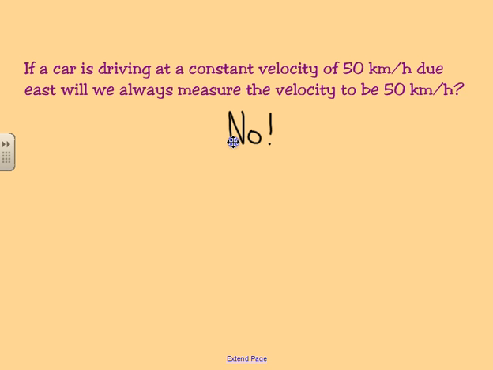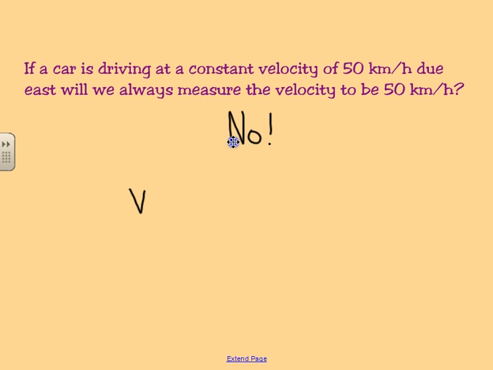As we analyze problems dealing with relative motion, we will always be looking at two different frames of reference. And so there's an equation that we can use to help us determine how fast something is moving relative to a given reference frame.